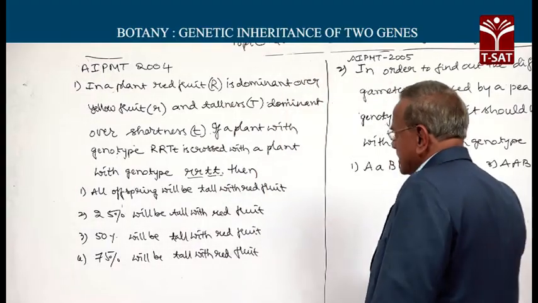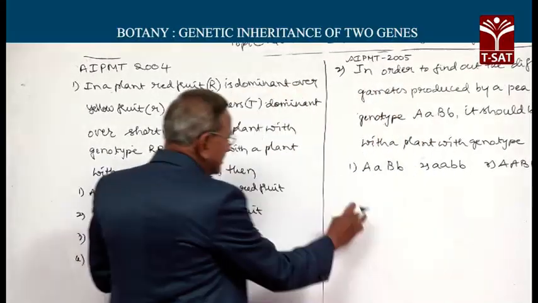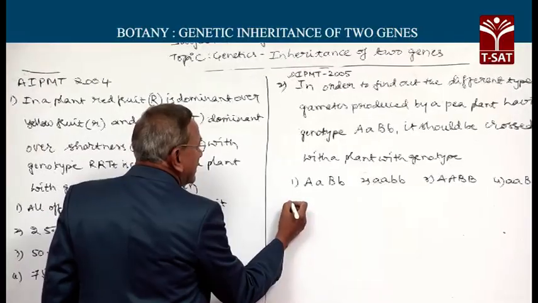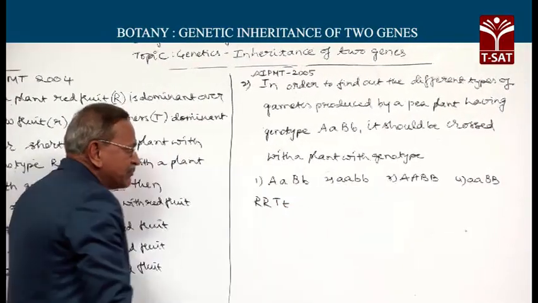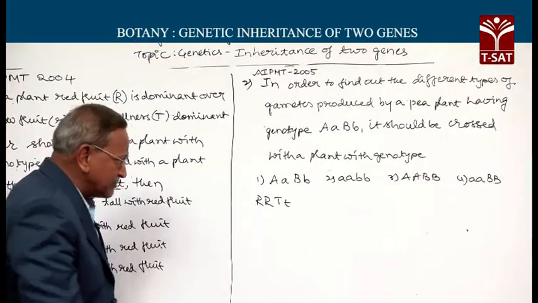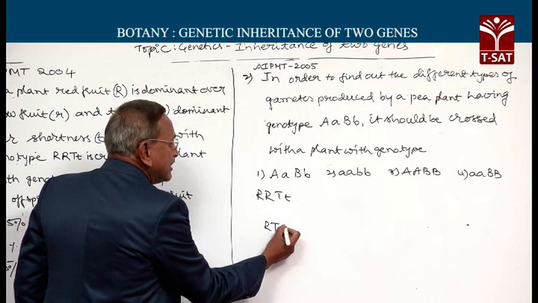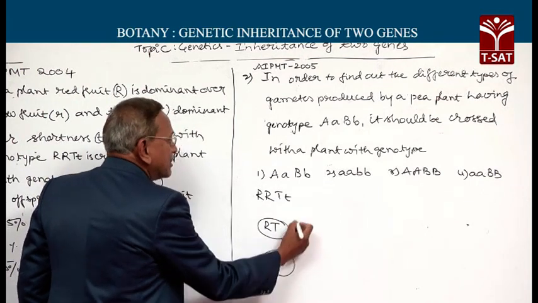Let us verify the result. This is the gene combination. I am writing the gene combinations here. The parent capital R, capital T, small t will produce two types of gametes. What are the two types of gametes? Capital R, capital T and capital R, small t. Two types.